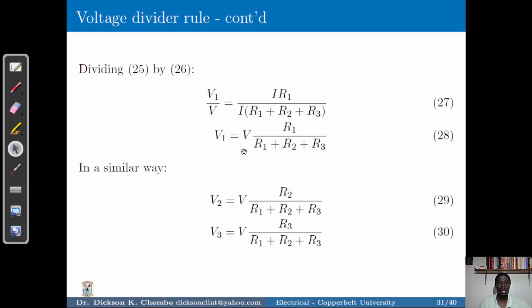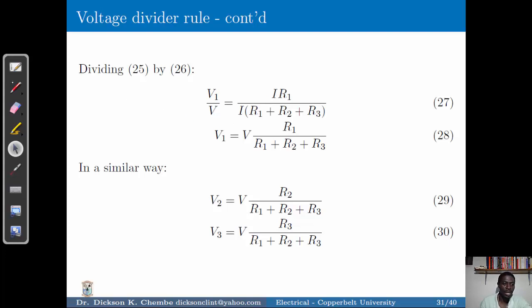So if we come to, again, dividing V1 by the total voltage, what we come up with is that we have V1, which is I R1, and then at the base here we've got the total voltage or the supply voltage, which is V equal to I multiplied by the sum of the resistances. So at this stage, we can cancel out the currents.